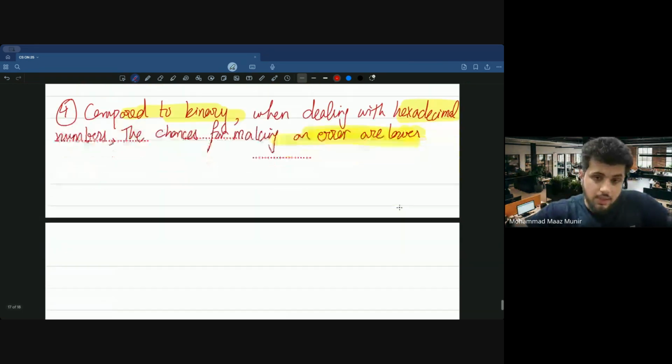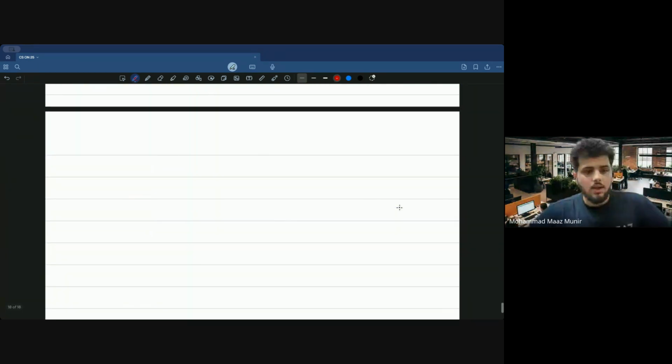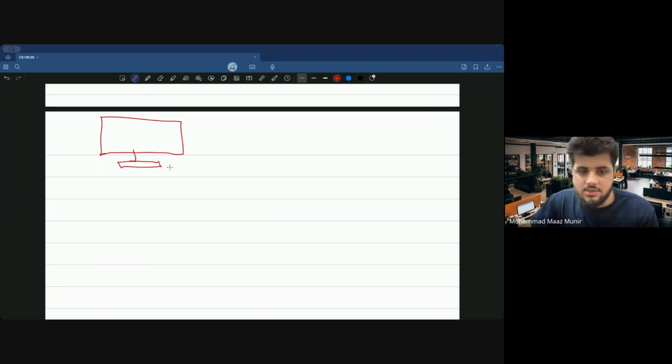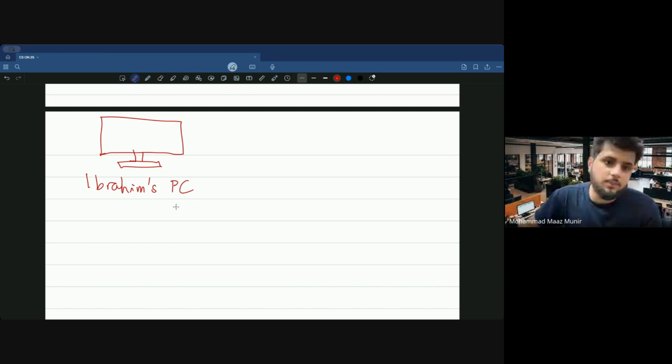Okay. So the 4th point says that compared to binary, when dealing with hexadecimal numbers, the chances for making an error are lower. Let's say Ibrahim faces some issue. He opens up a computer and the computer loads up. This is Ibrahim's PC. And he loads up the computer, and then the computer gives an error. The error is 7C2.